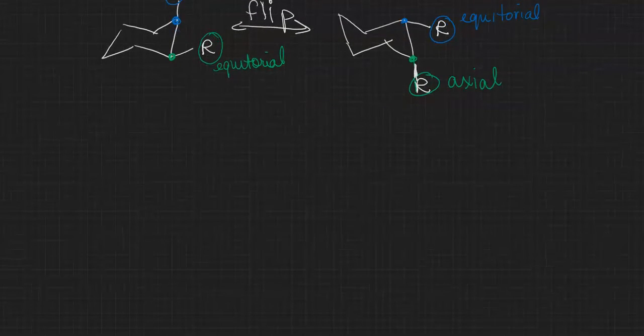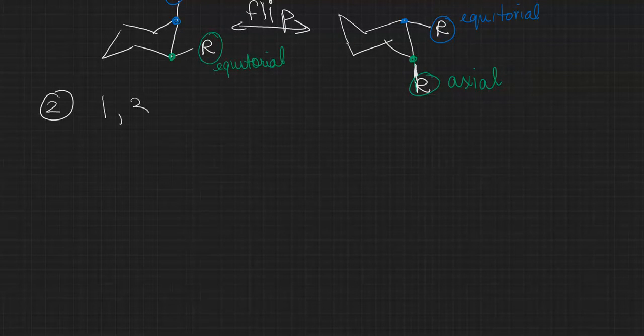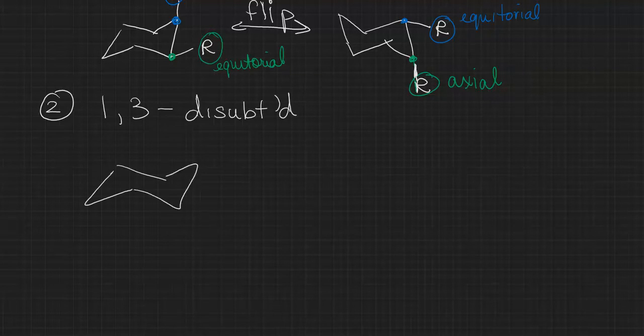The second type that we want to look at is a 1,3 disubstituted position on the cyclohexane. So I'm going to give you 3 structures that we're going to look at.